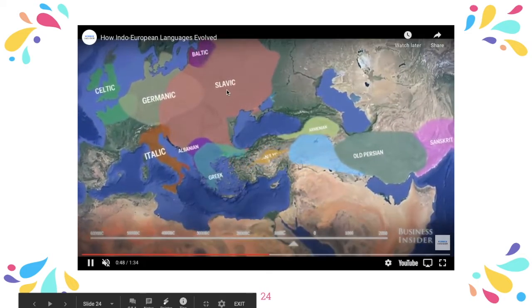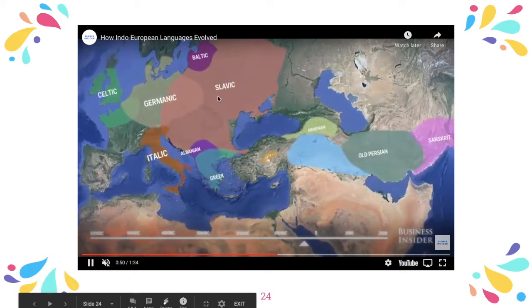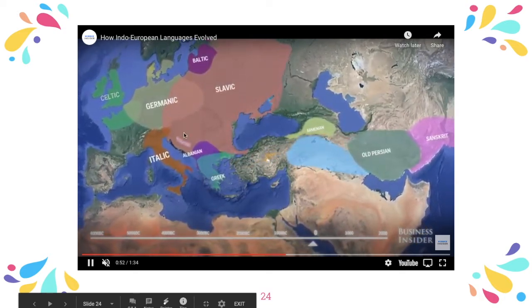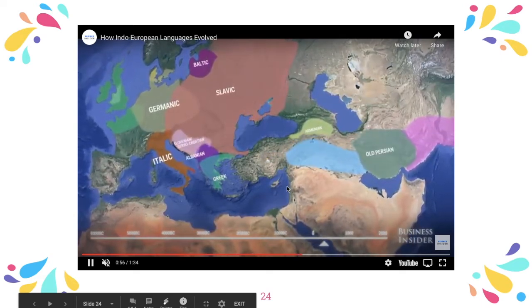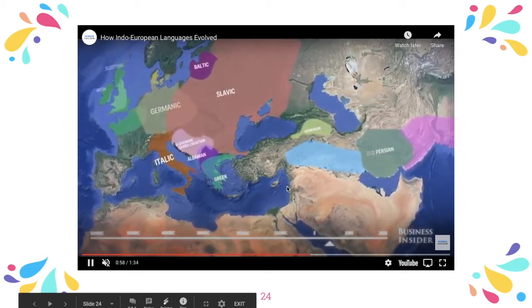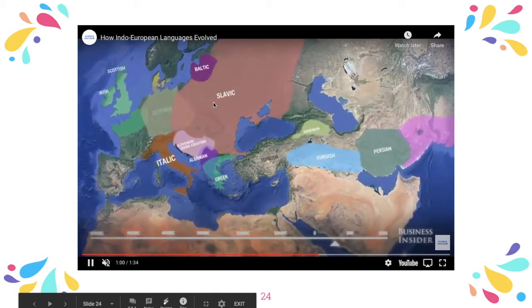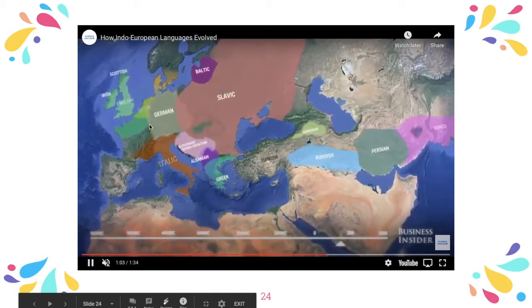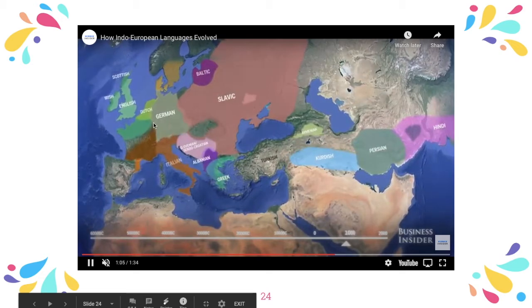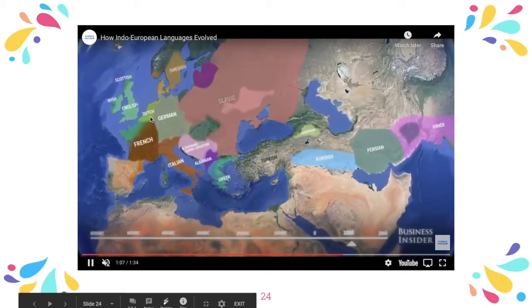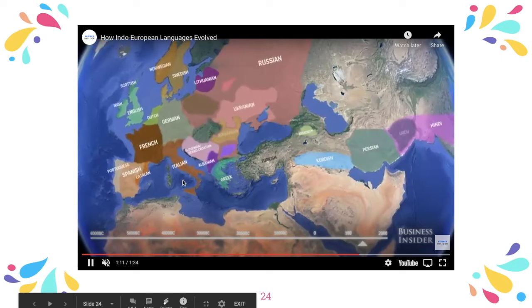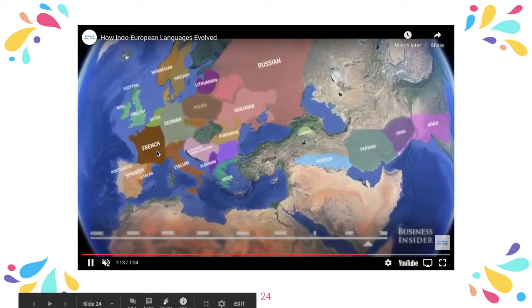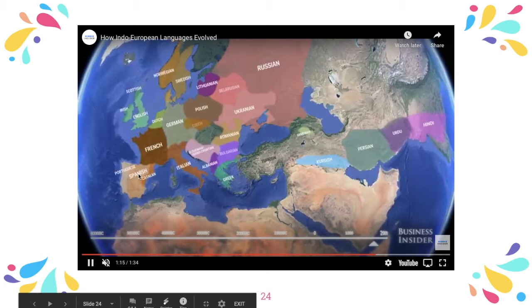You can see the Slavic languages developing up here. We're hitting the year 0 now, so we're getting into the ADs, so to speak, or CE, the Common Era. And eventually, the Germanic languages start to split off a little bit here, Dutch, English, and then the Italic languages become French and Spanish and Portuguese.